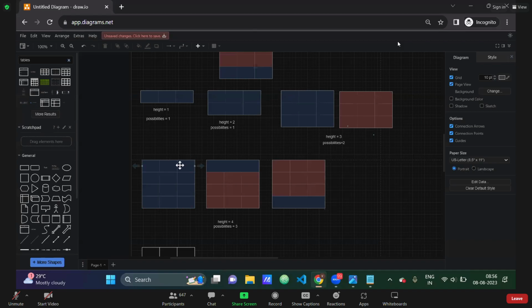So what I'm doing is I have the answer for 3 by 3. For this 3 by 3 tile, I will find out the possibilities, plus we have one remaining, right? So I will find out the possibilities of height 1. If I perform some operation, I will get the answer for 4 by 4.